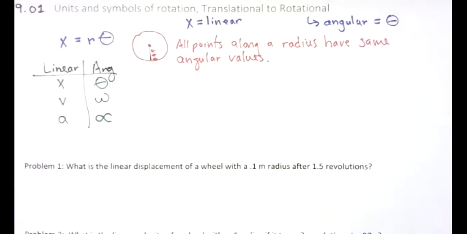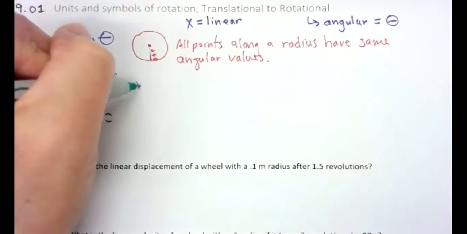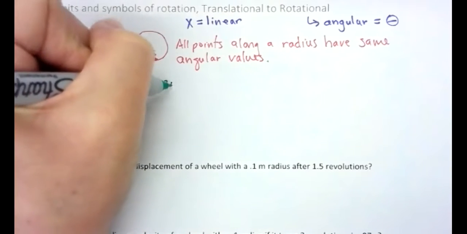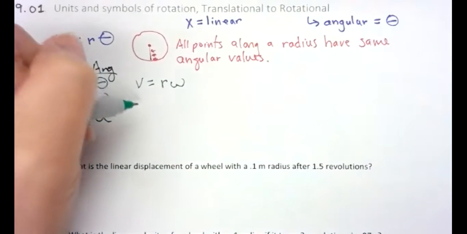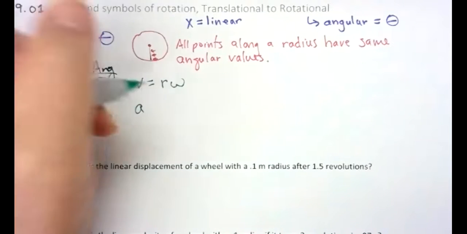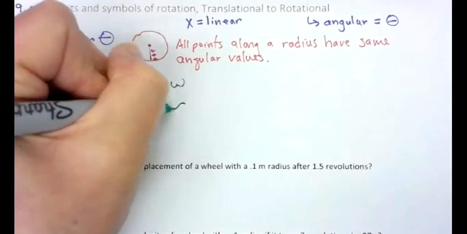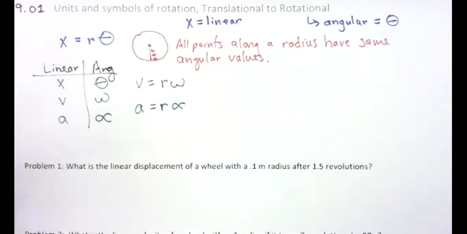Lowercase omega looks like an italic W. And what we're going to see is that these are all going to tie together by the radius. So the linear velocity is going to be the radius times the angular velocity. And linear acceleration is going to be the radius times angular acceleration. We really don't use this one very much. This one we're going to use quite a bit.